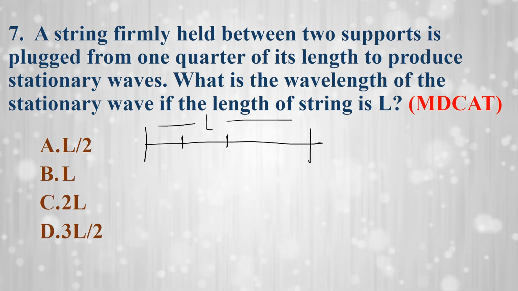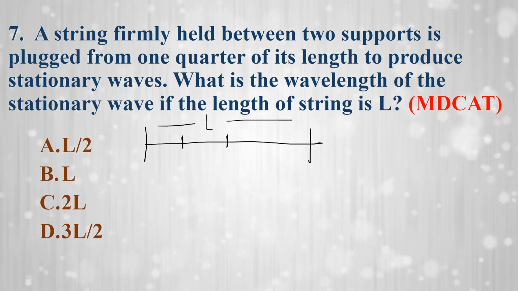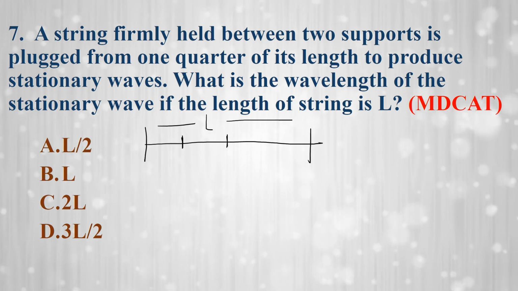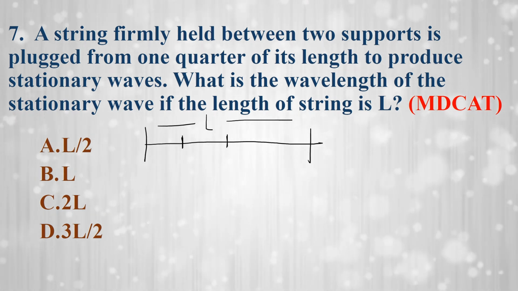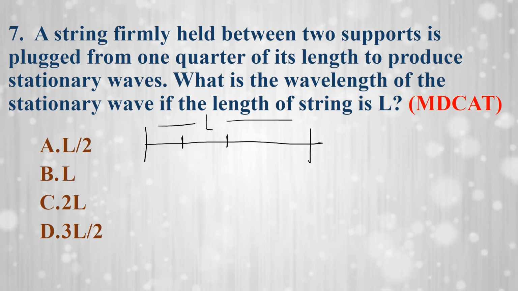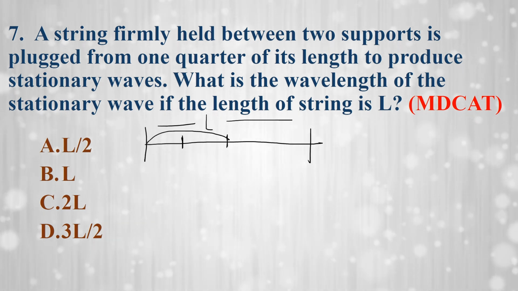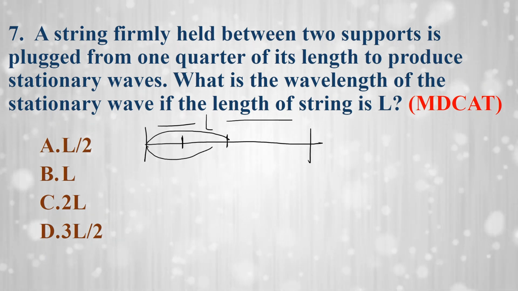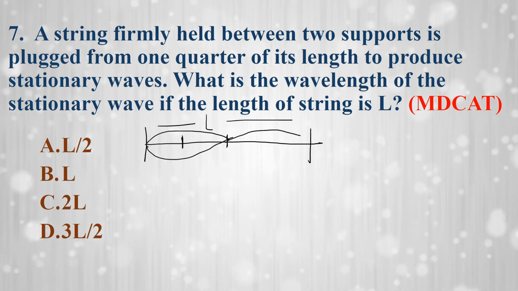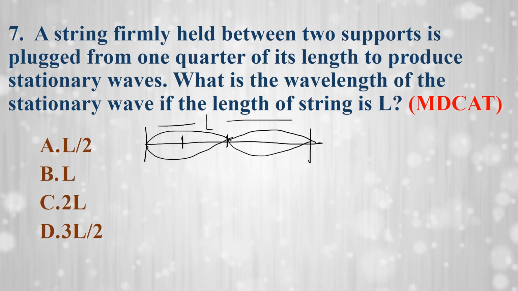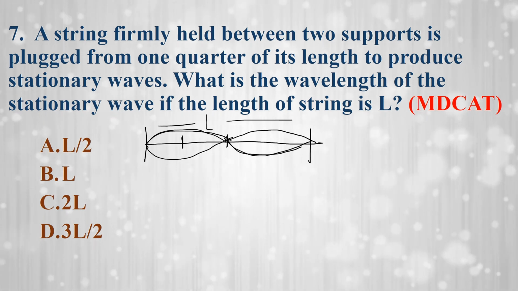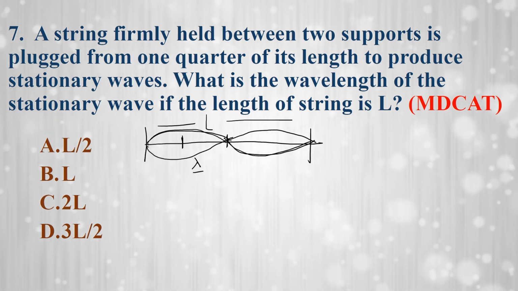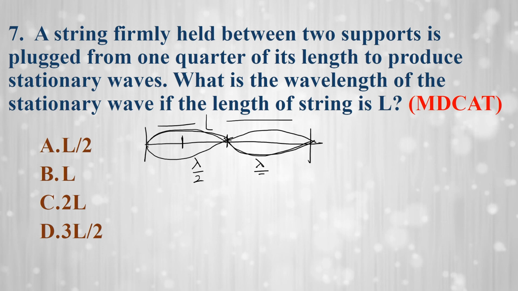So remember that whenever a string is plucked from 1/4, it will vibrate in 2 loops, and 2 loops means it's half of the wavelength and one more half of the wavelength. So it's lambda by 2 and lambda by 2.